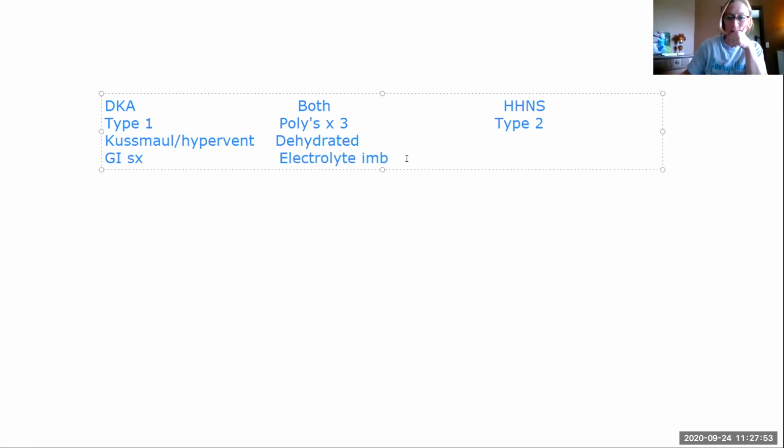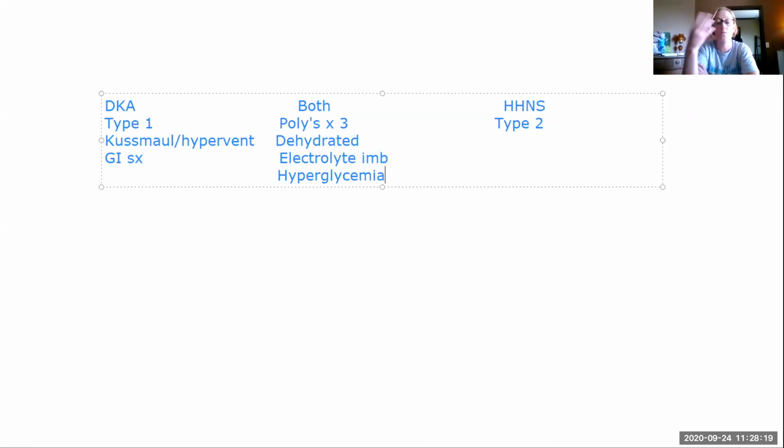All right, and then they're both, of course, going to have hyperglycemia. Now, this isn't just a little hyperglycemia. This is like crazy high hyperglycemia, like, can have blood sugars in the 800, 900, upwards of 1200. This is like severely elevated blood glucose levels. However, the severity of whatever's going to make it the most life-threatening is not the high blood glucose levels.